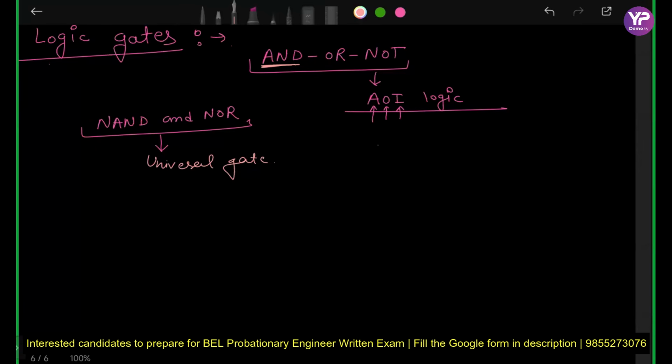The next category of gates is XOR gate and XNOR gate. These two gates are generally called arithmetic gates, because with the help of these gates we can implement arithmetic operations like addition and subtraction. Arithmetic operations can generally be performed with the help of XNOR or XOR gate.